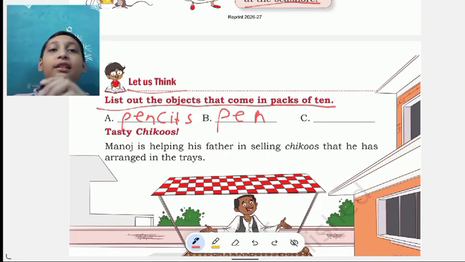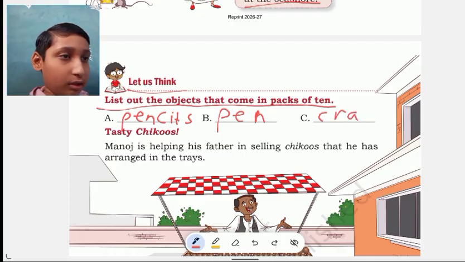And then one last object, which can be crayons. Yeah, crayons usually come in packs of 10.